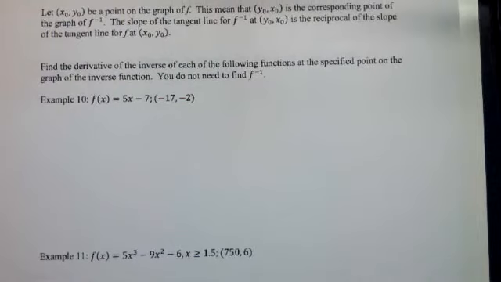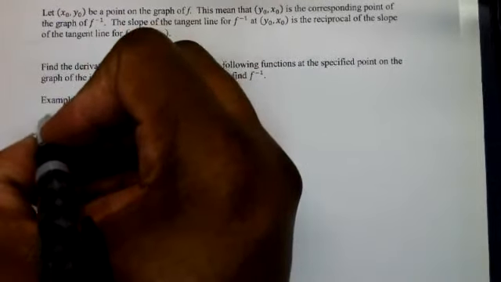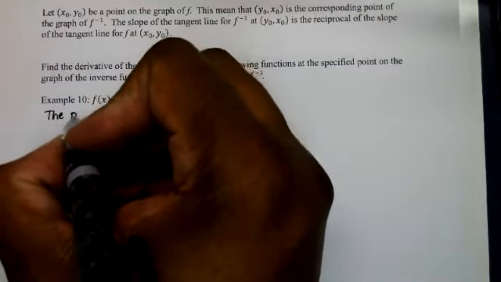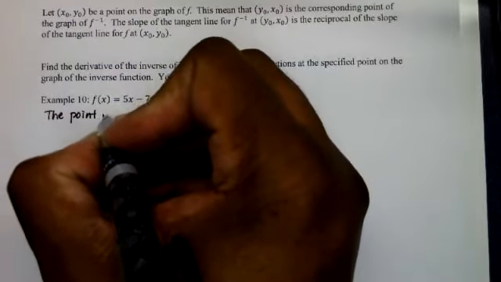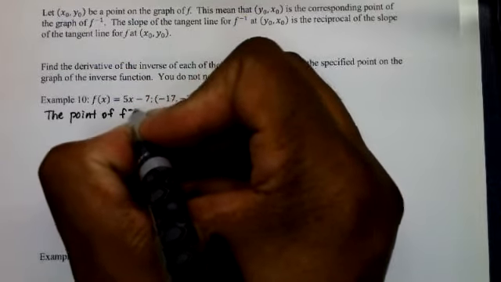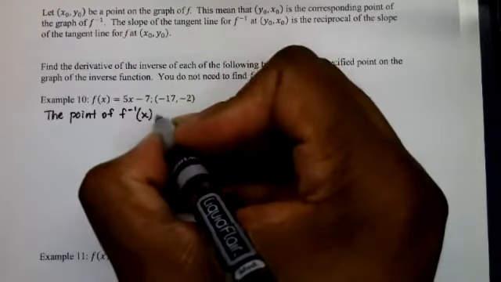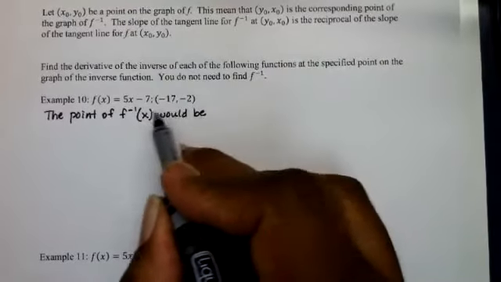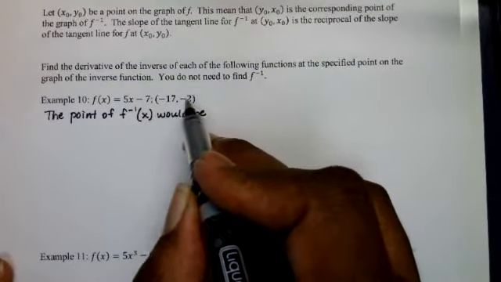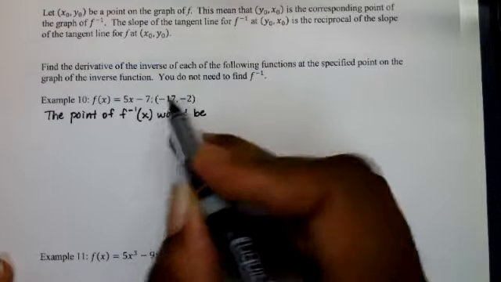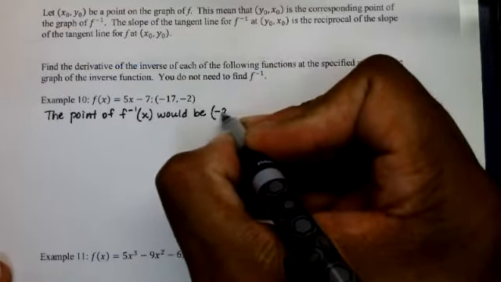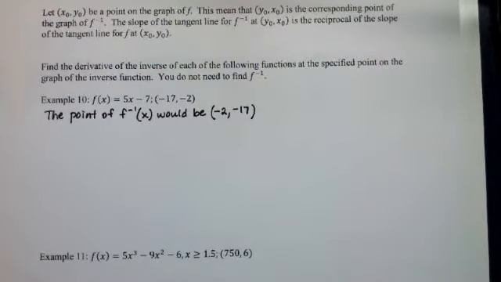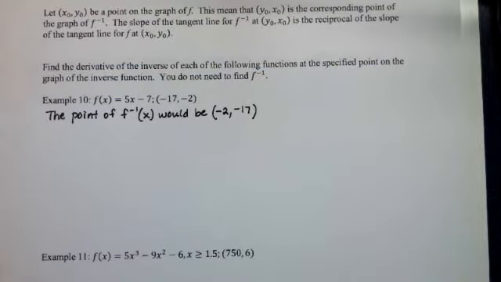Now for the point for f inverse of x, all we do is switch the ordered pair around. This becomes our x coordinate and the negative 17 becomes a y coordinate. So negative 2, negative 17 will be the point for the inverse function.